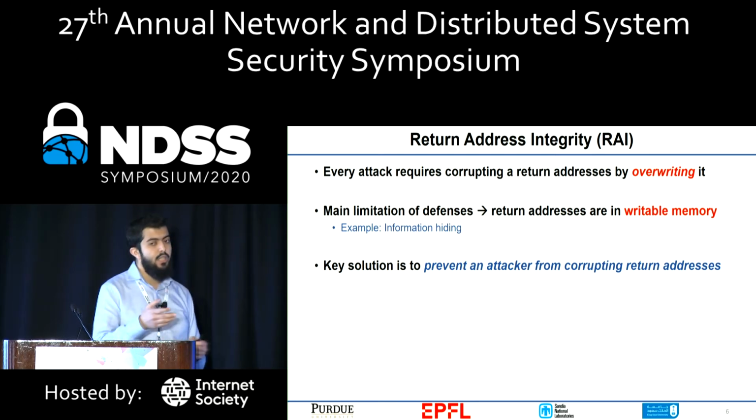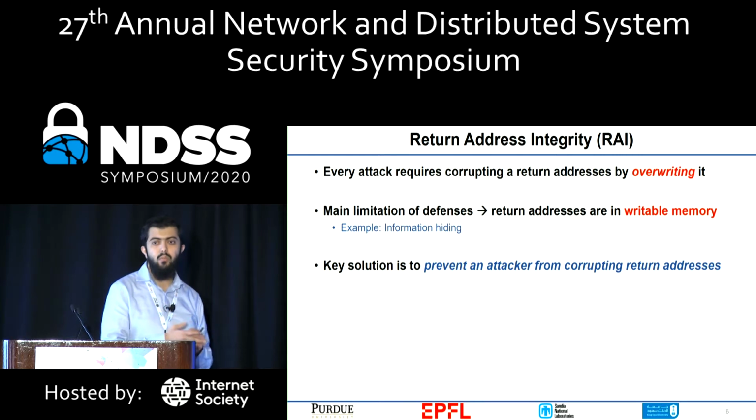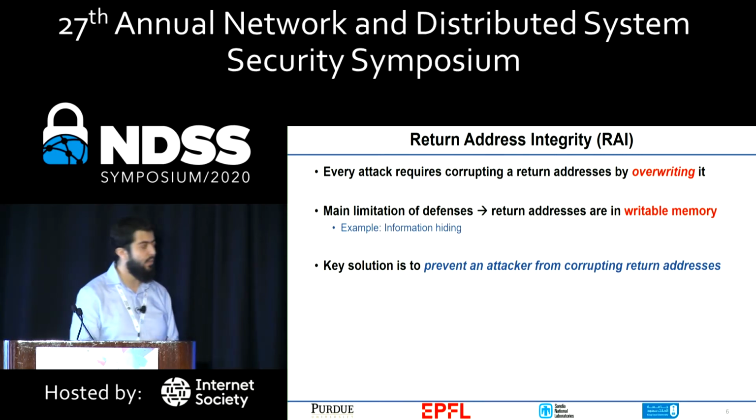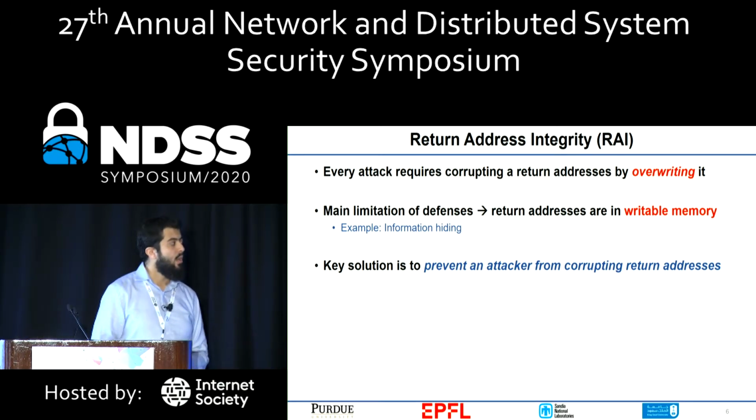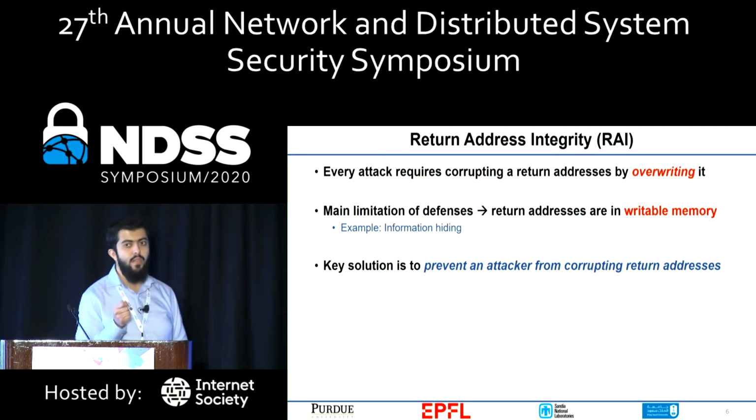The main limitation of the defenses that we just laid out is that they do not prevent that from happening. Rather, they just deal with the artifact. For example, with information hiding, you just hide the location, but once the information is disclosed, everything falls apart. So the key solution is not to deal with the artifact, but to prevent the possibility of overwriting the return address from ever happening.